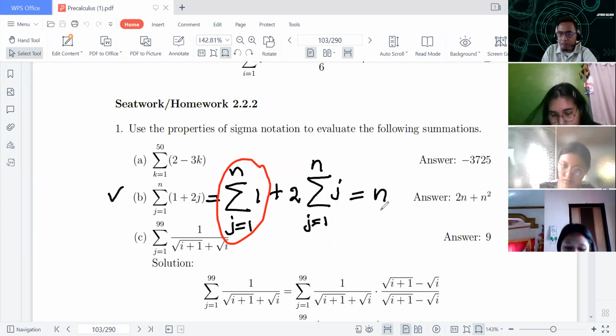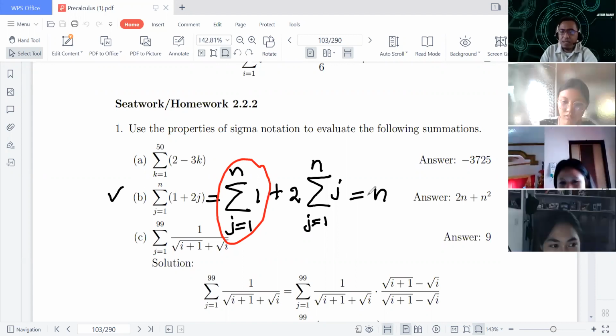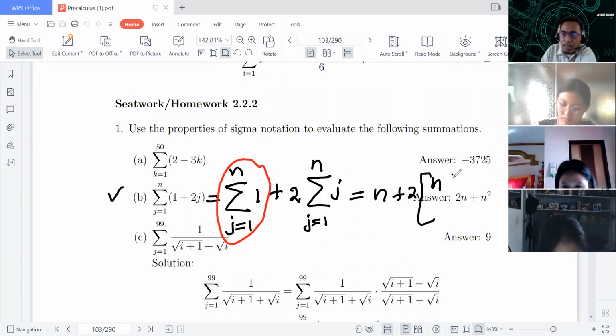Clear? While the other portion, we only used j, so this is just plus 2 times n plus 1 over 2.